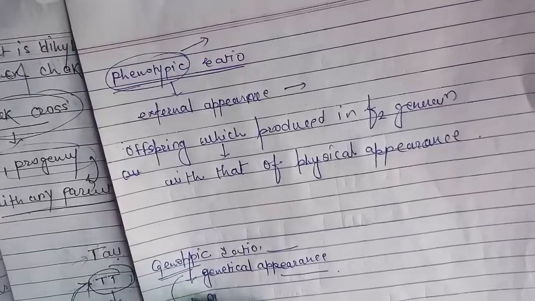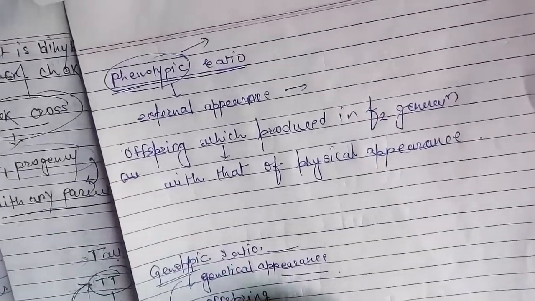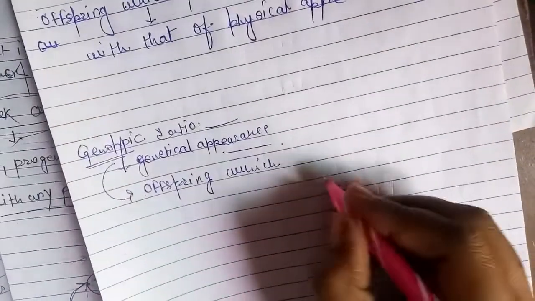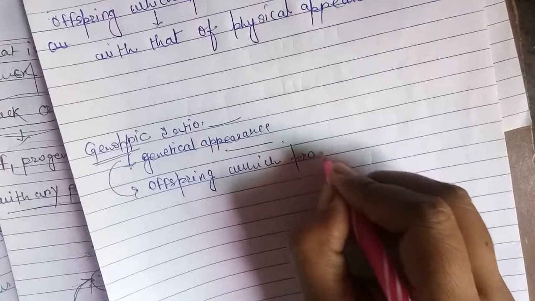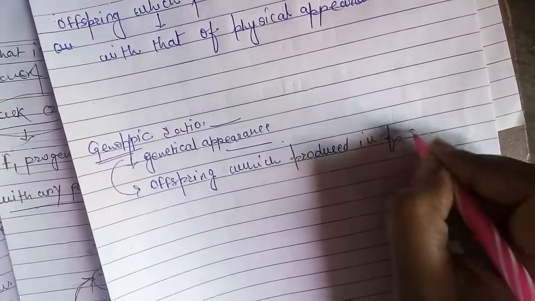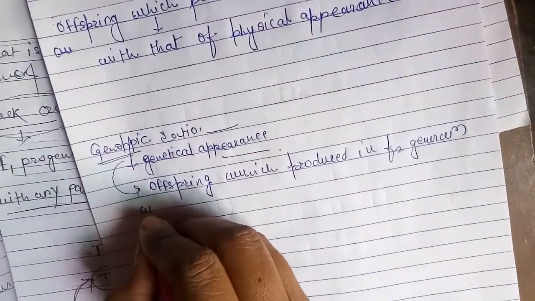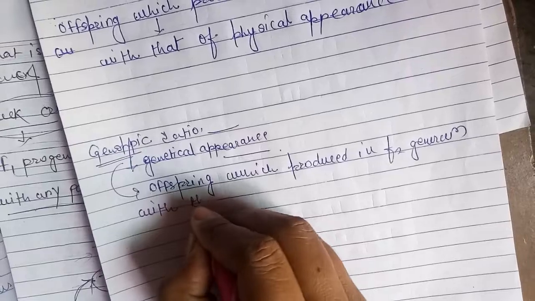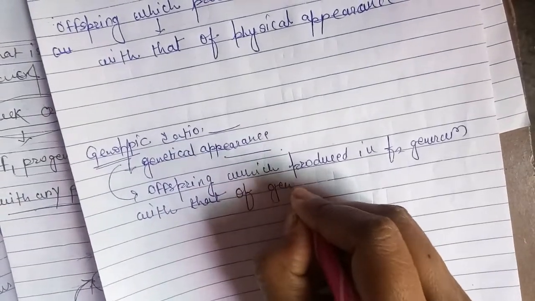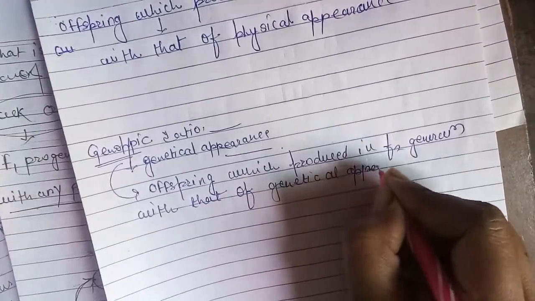That is offspring produced in the F2 generation with that genetical appearance.